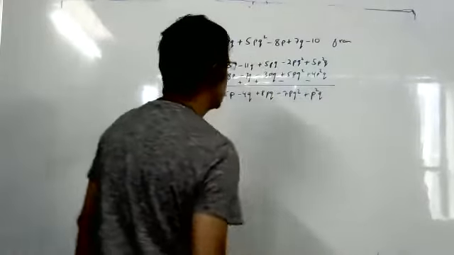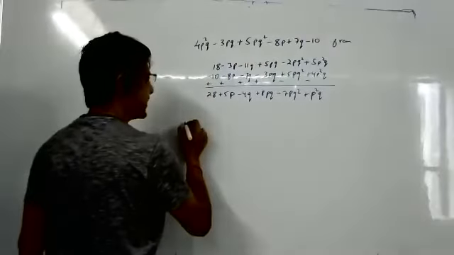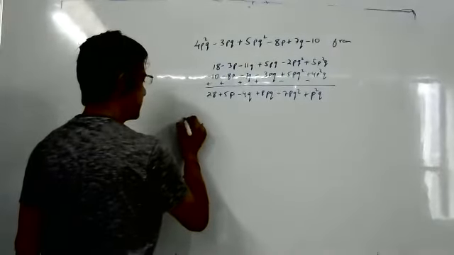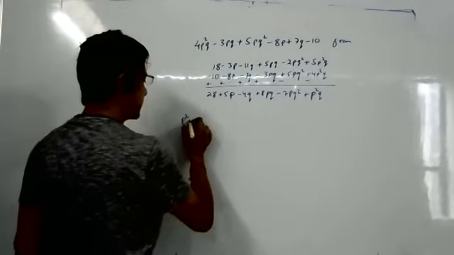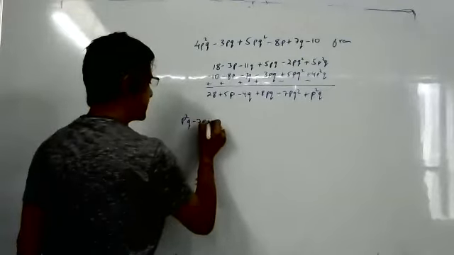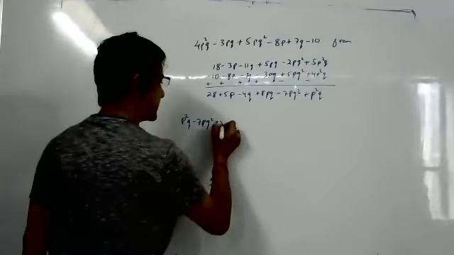Now you have to properly arrange it. So higher to lower, we can write it as p square q minus 7pq square plus 8pq.